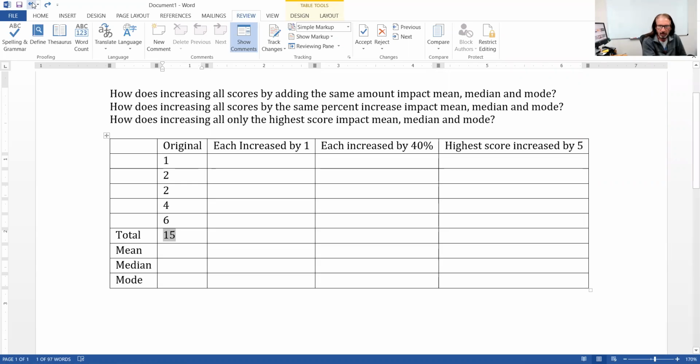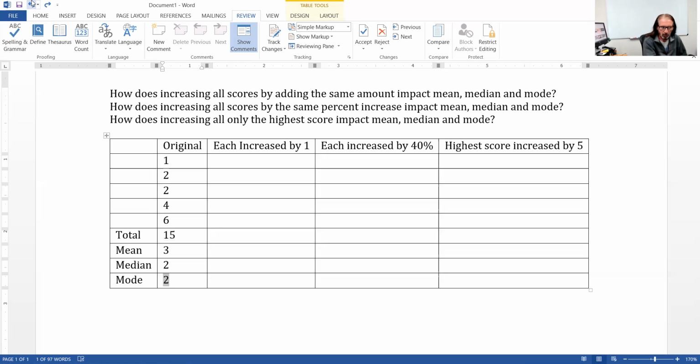And so dividing that by 5, we've got a mean of 3. I already said that since we've got 5 scores, the 3rd score is going to be the median. That's this 2 right here. And the mode, the only thing that repeats is the score of 2.